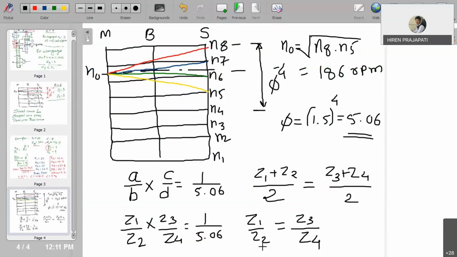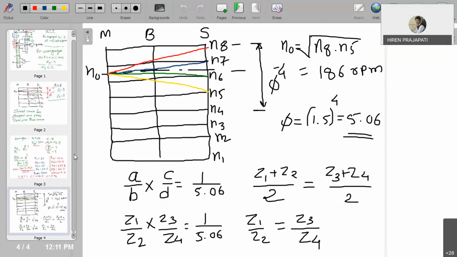So both are ideal, right? So that's why we can say now, if we put this in this equation, then it's (Z1 by Z2) squared, right? So if I put Z3 by Z4 equal to Z1 by Z2, then I get (Z1 by Z2) squared. If you take the square root, then we get Z1 by Z2.